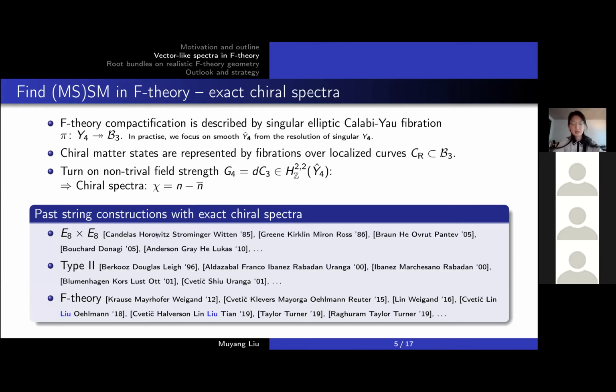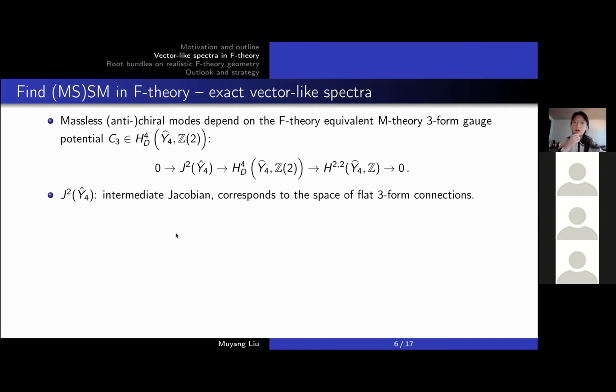Here I summarize the past string constructions with exact chiral spectra. The first work on determining the spectra can be traced back to 1985, which is on the E8 × E8. And moving forward, the number of massless chiral and anti-chiral modes depends on the F-theory equivalent M-theory three-form gauge potential C3, which we could interpret using the Deligne homology of this Y4.